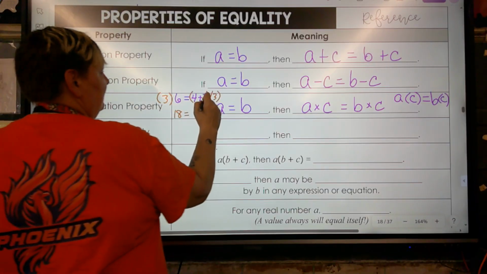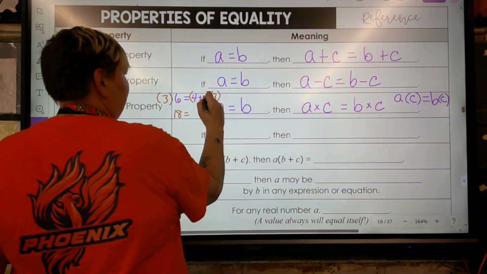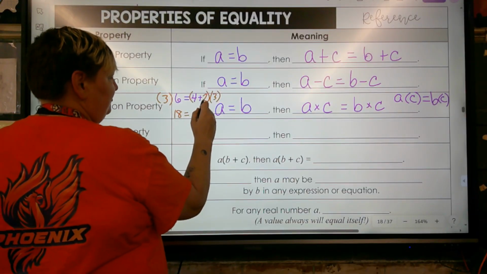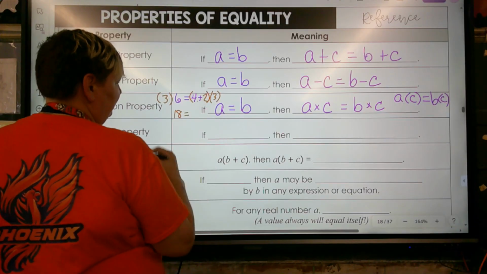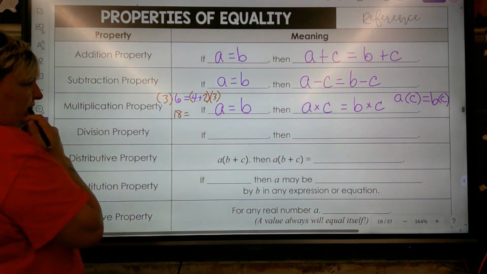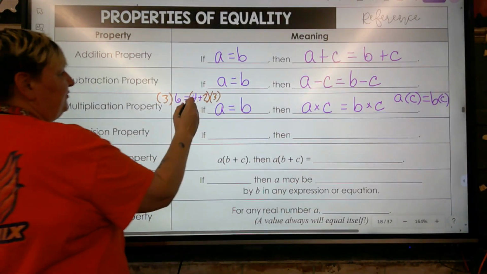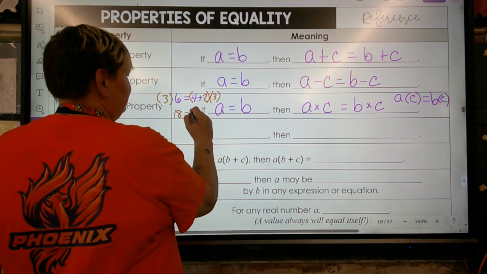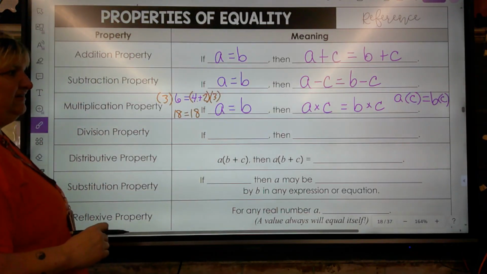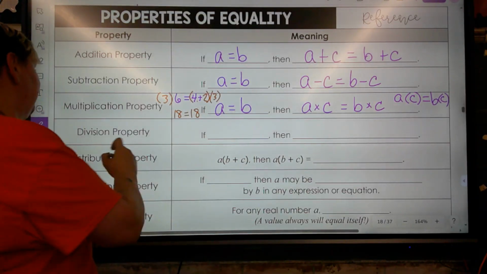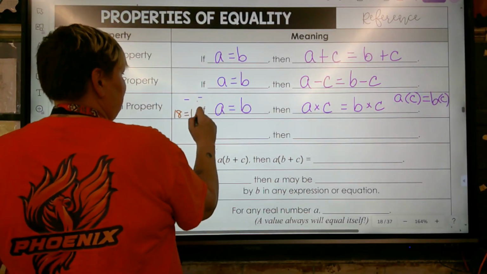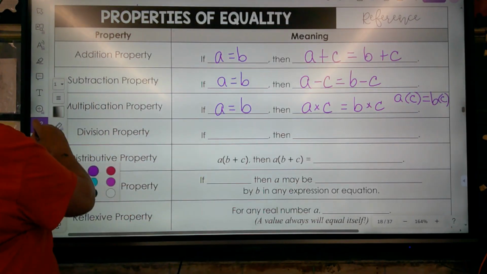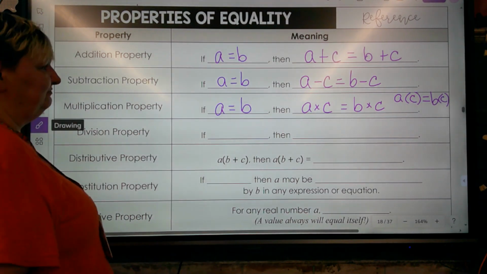Okay, 4 plus 2, my apologies. 4 plus 2 is 6. Wow, I have walked all over this problem, haven't I? 6 times 3 is 18. So you still get 18. But you can multiply both sides by the same number and it changes nothing, as long as you do your basic math correctly, apparently. I guess I need to wake up.